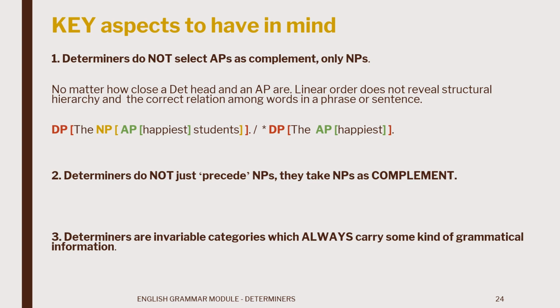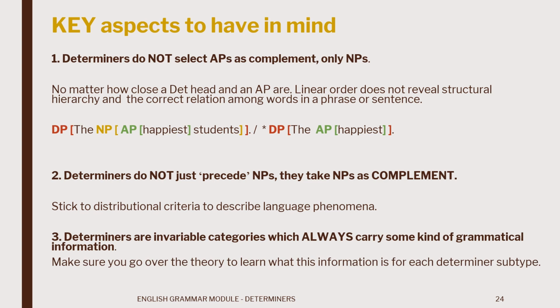In relation to the second one, determiners do not just precede NPs. They take NPs as complement. So it is important that you stick to distributional criteria to describe this kind of relationship between determiners and NPs.